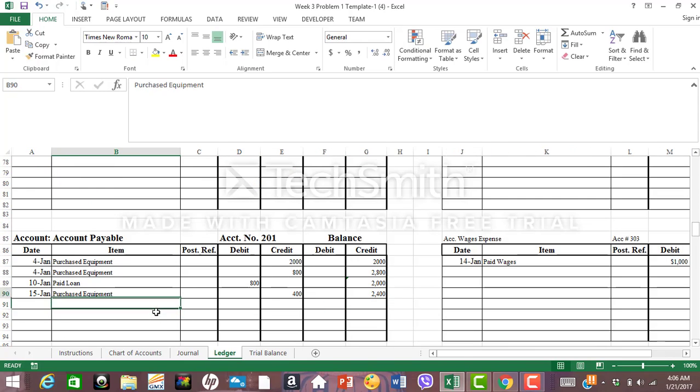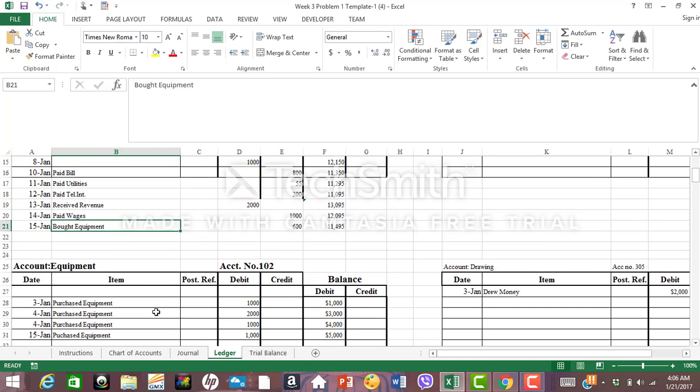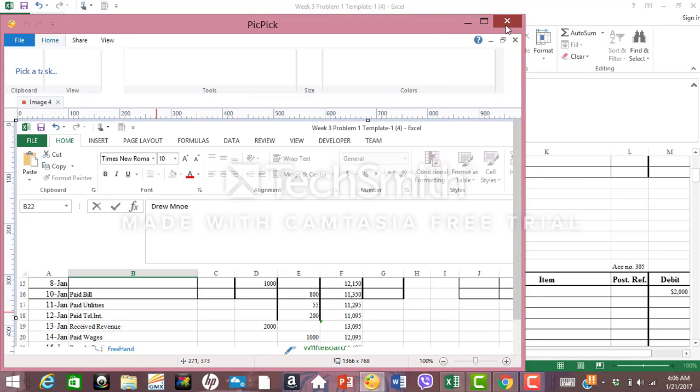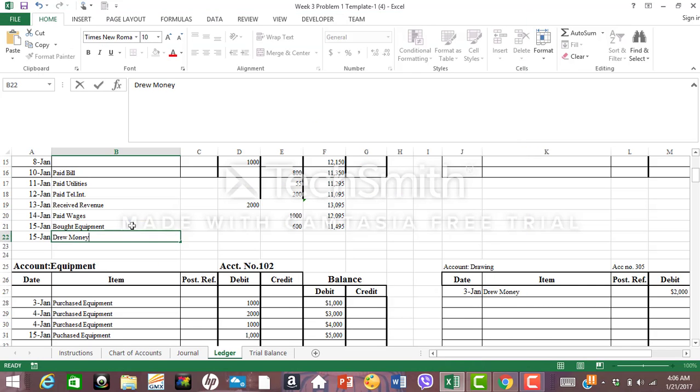Then we go under cash. January 15th, drew money, and it is for 2,000. So the new balance is 11,495 minus 2,000, which is 9,495.